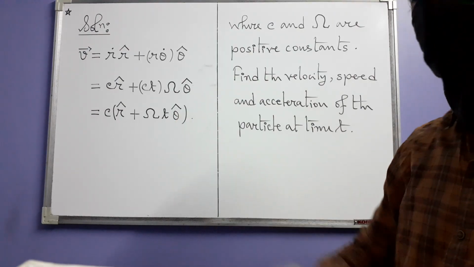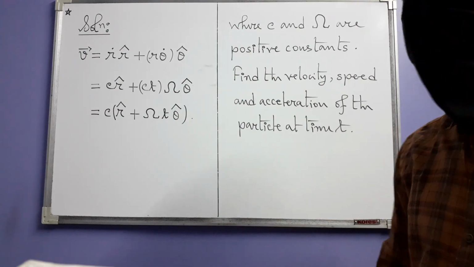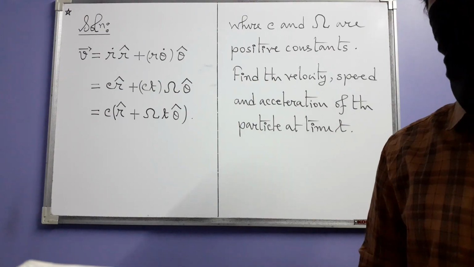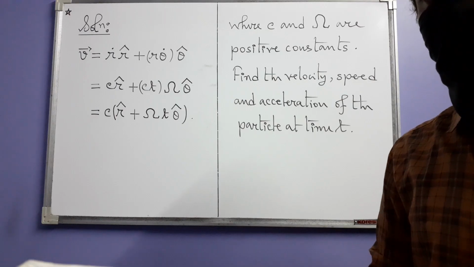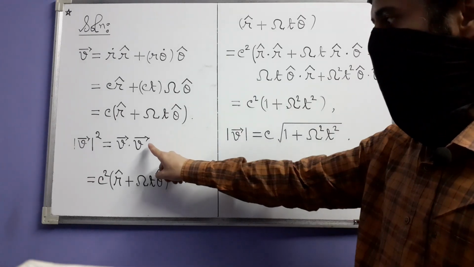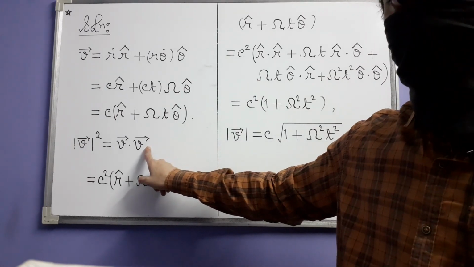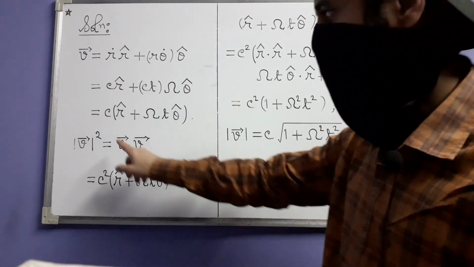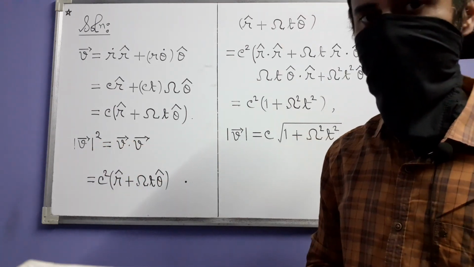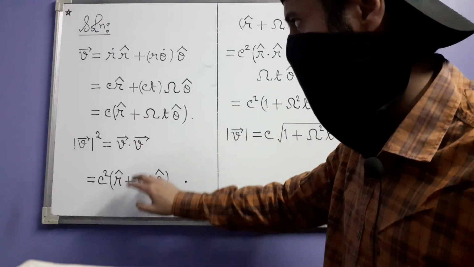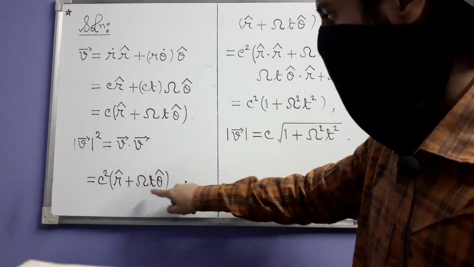Now the magnitude of velocity will be speed, but how do you find the magnitude? You might get confused here suddenly. You just apply the first property of scalar products of vectors here. By that property, the square of the magnitude of v equals v dot v, which equals c square times this dot this.